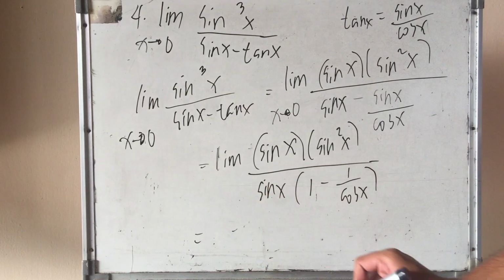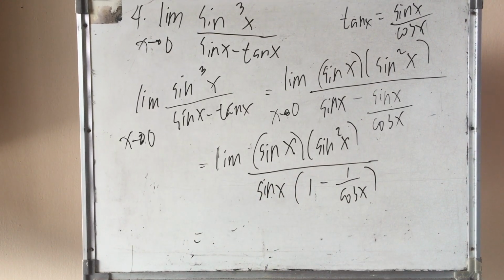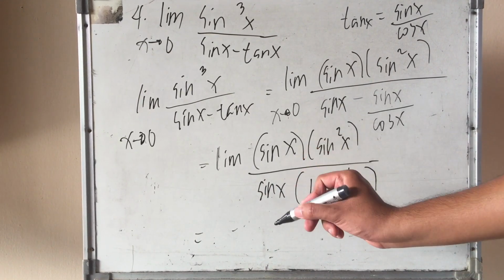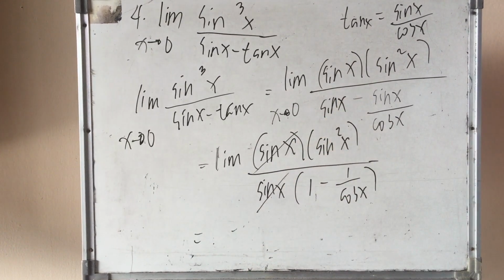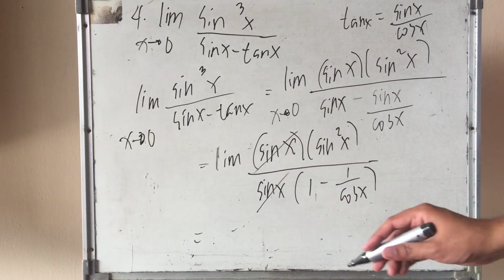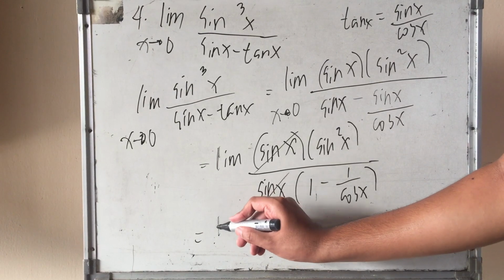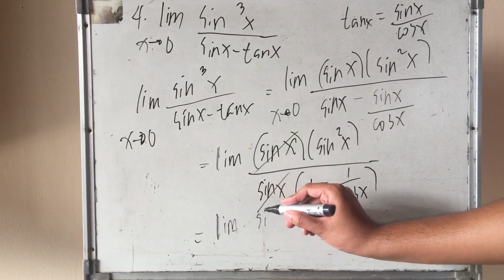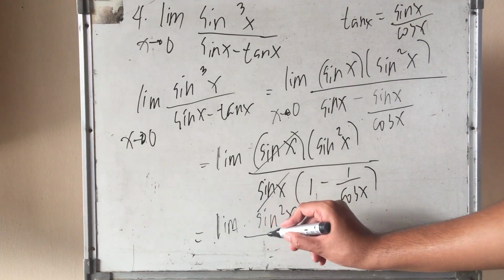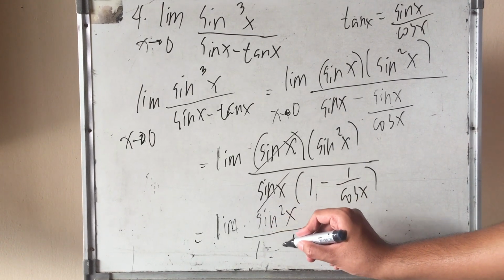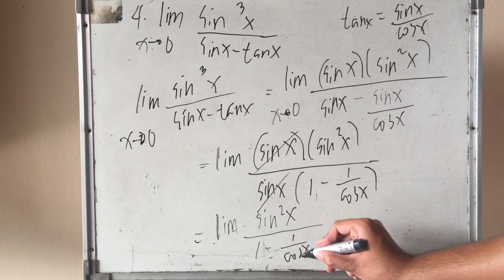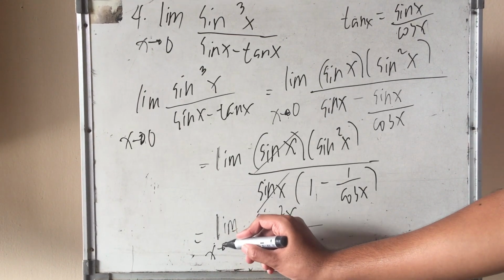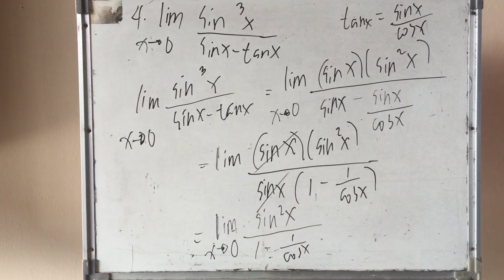So further simplify this equation, cancel out sine x and sine x. So we have the limit of sine squared x divided by 1 minus 1 over cosine x as x approaches 0.